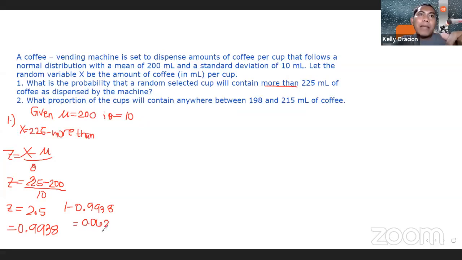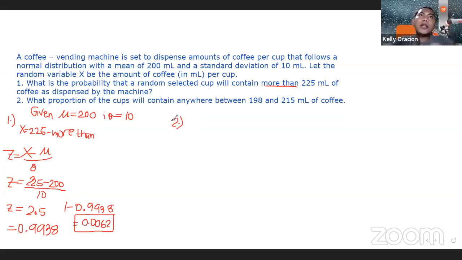The probability that the randomly selected cup will contain more than 225 ml is 0.0062. That is our answer for first item.